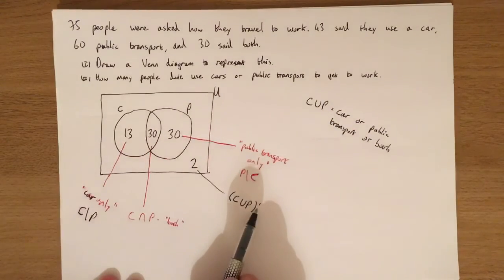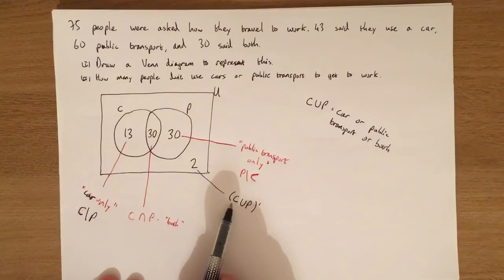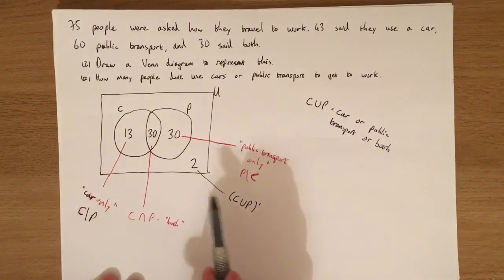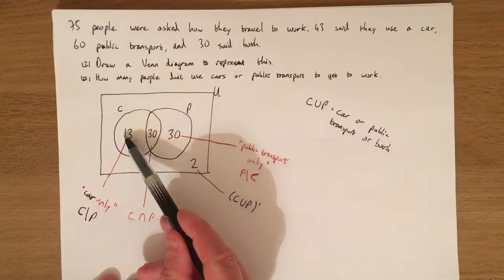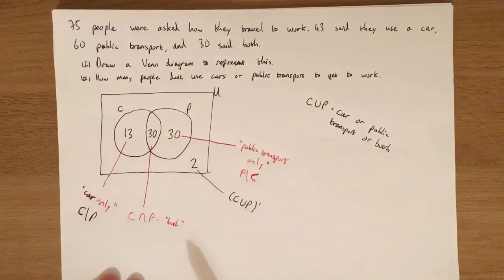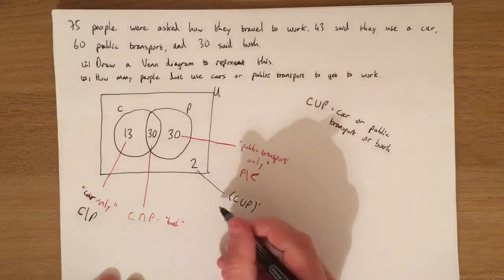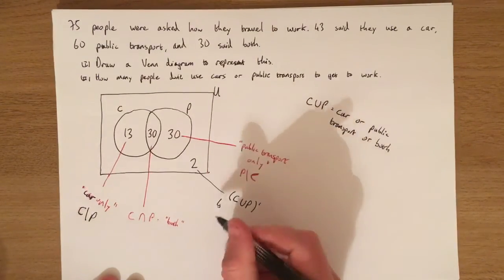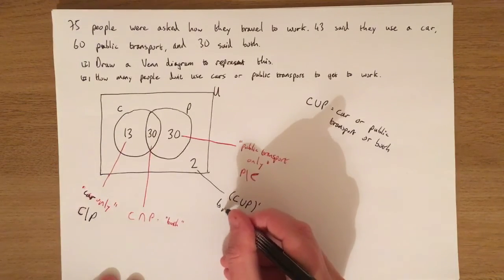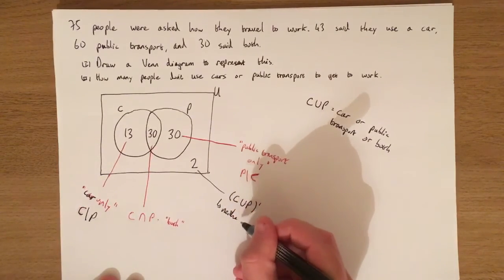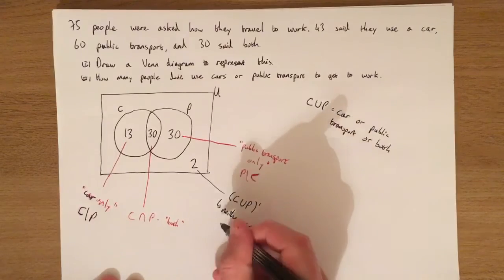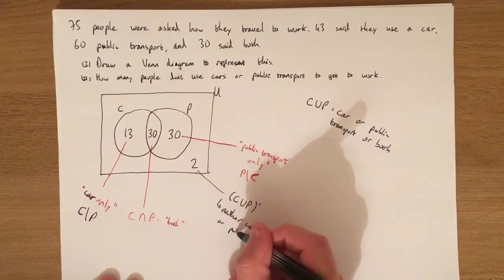Okay, so remember this complement thing means everyone except C union P. So the only people in that diagram who aren't in C union P are these 2 people here. Okay, if you're describing them, it's people who travel using neither car or public transport.